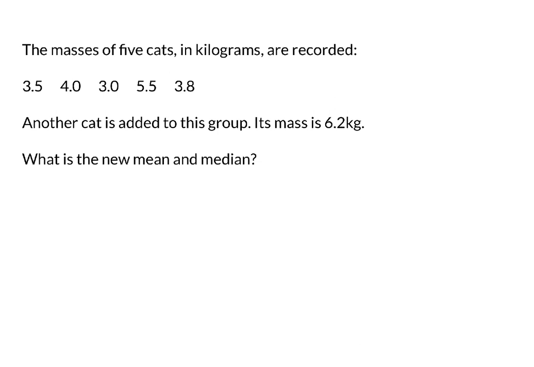Now in the second part of this question we have another cat added to the group. Its mass is 6.2 kilograms. What is the new mean and median? So I had the total of the cats from the first part, so my new total mass is the old total mass, which is 19.8 plus this new cat 6.2, which gives me a total of 26 kilograms.